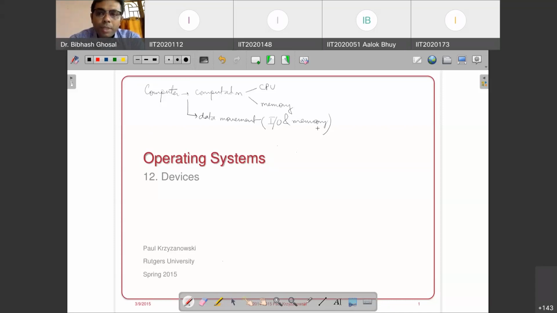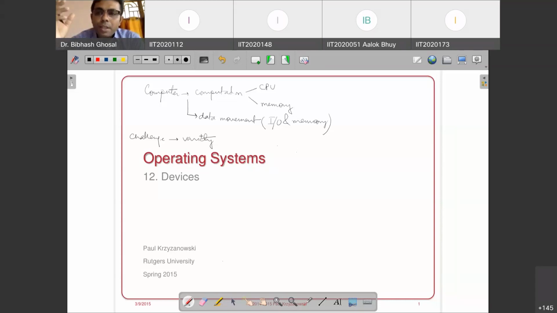Well, this is fine. This is what the computer is supposed to do. But the problem or the challenge that is faced is the variety of devices that are connected. So the data that the computer obtains is from different kinds of devices.